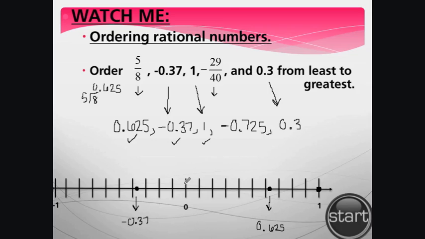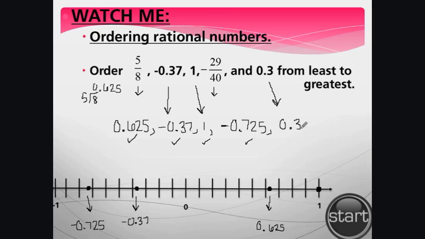Our next value that we need to order is negative 0.725. So we're working to the left of the 0. We have negative 0.1, negative 0.2, negative 0.3, negative 0.4, negative 0.5, negative 0.6, negative 0.7. And it's shortly after negative 0.7 where we can plot that point and identify what that is. Negative 0.725.